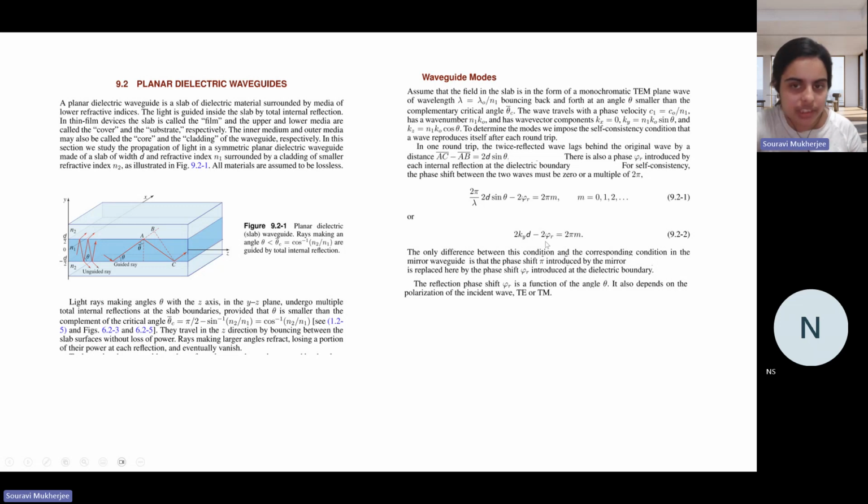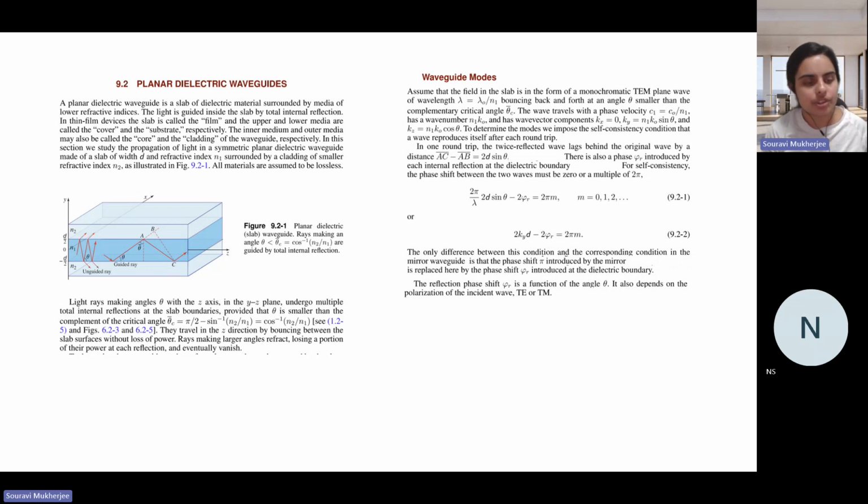Now here it's interesting. Initially, when we were talking about planar mirror waveguides, we considered phi r to be a pi phase shift, right? But when you have a dielectric, you would have some phase shift which is given as phi here, and that would be a function of your angle theta. And how to think about it? Think about it in terms of the Fresnel coefficients, right?